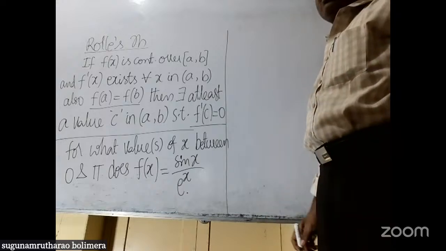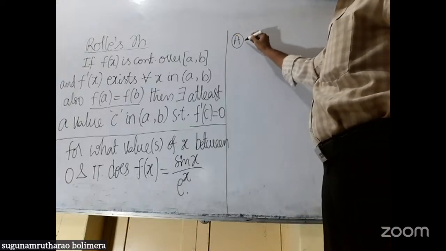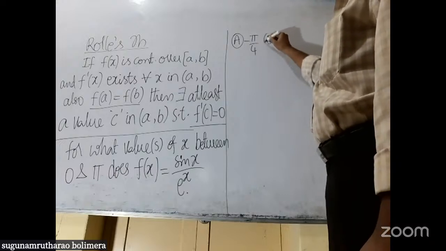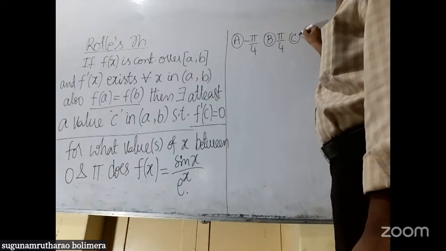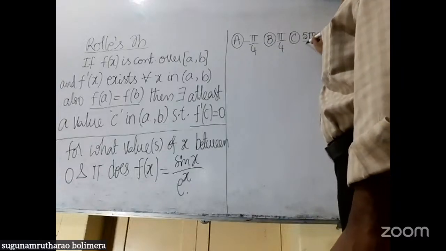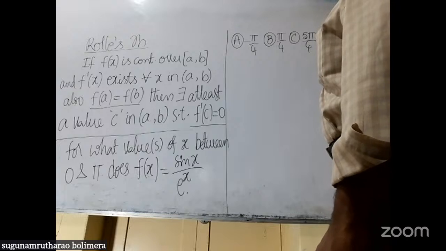I'm going to give you the options also. Minus 5 by 4, 5 by 4, 9 5 by 4.